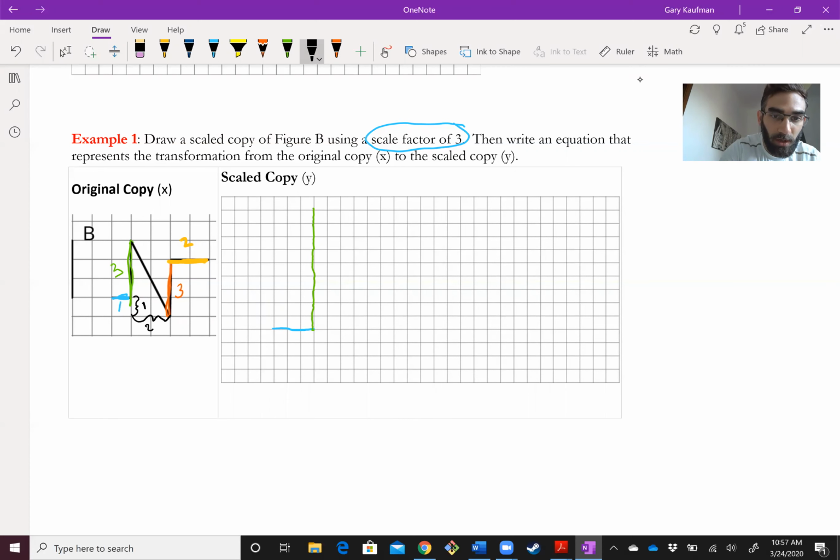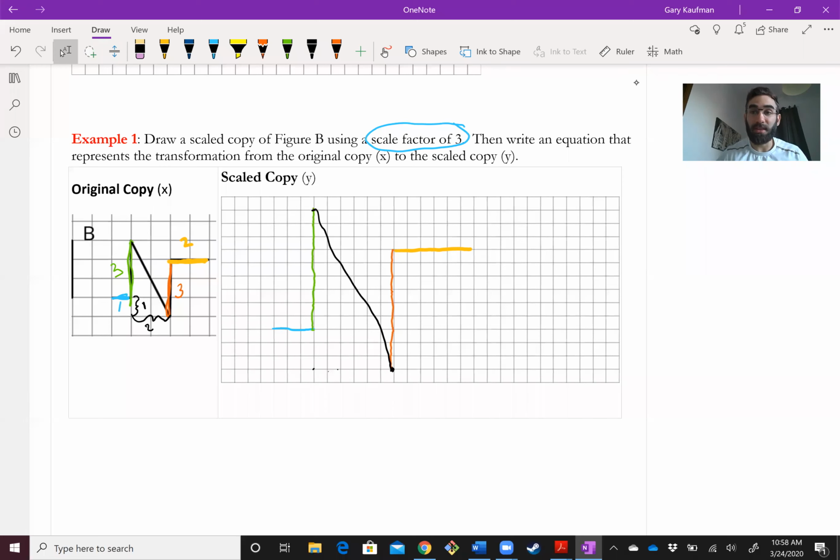So I'm going to go, okay, 1, 2, there's 3 lower than the green. And I want a distance of 1, 2, 3, 4, 5, 6. So the bottom of my orange line is going to be right there. Now I'll go 9, 3, 6, 9. I now know that my black line comes down here. I can now use the last 2 and use the scale factor of 3 to realize that it's going to be 6. And there is my scaled copy.